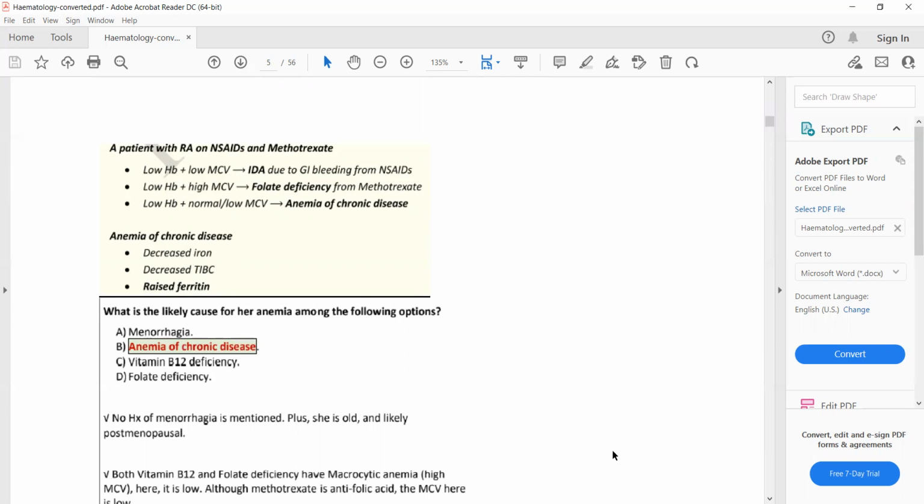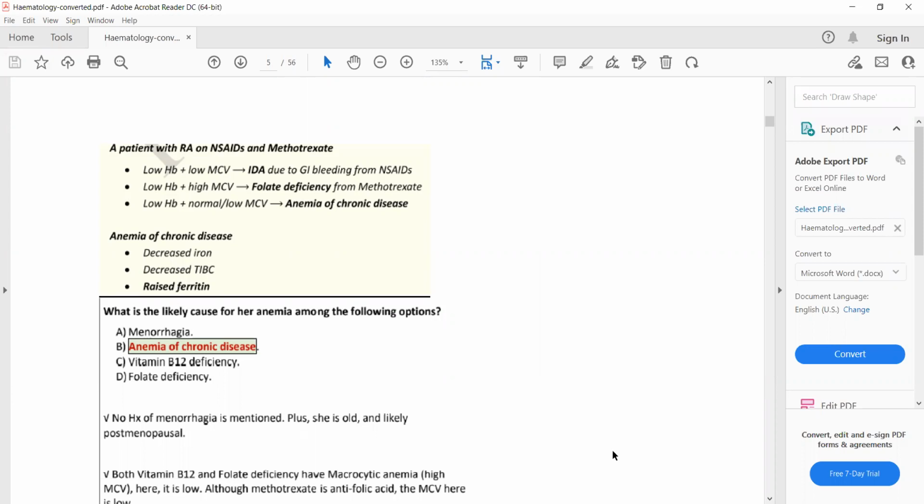How can you differentiate between anemia of chronic disease and iron deficiency anemia on the basis of lab investigation? Remember that in anemia of chronic disease, which is associated with chronic inflammation, inflammatory cytokines are released.